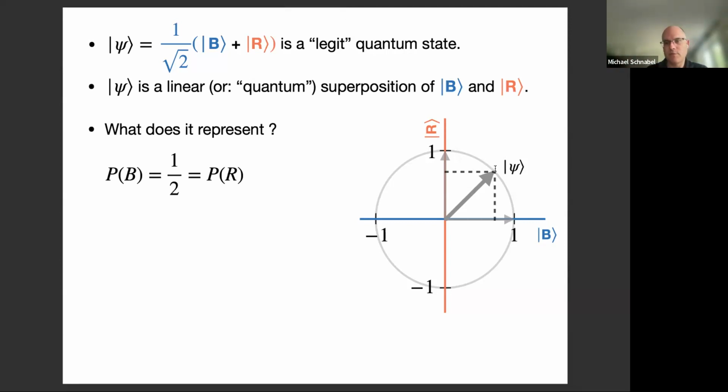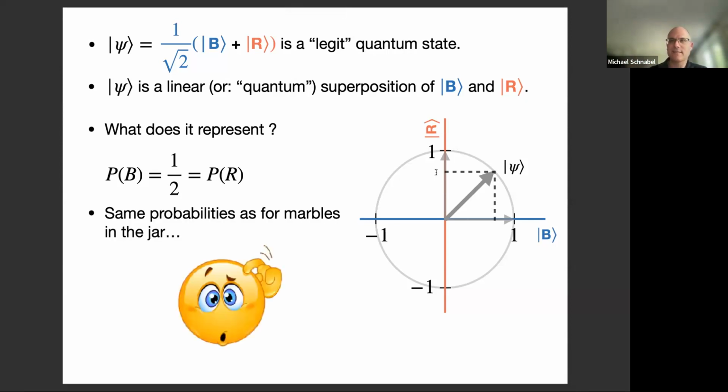Remember, the probability of measuring blue would be obtained by Born's rule and the projection. We would need to take the projection down. This has length square root of 2, which is 0.7 something, and then you have to square it, gives 1/2. And the same with the probability of finding red.